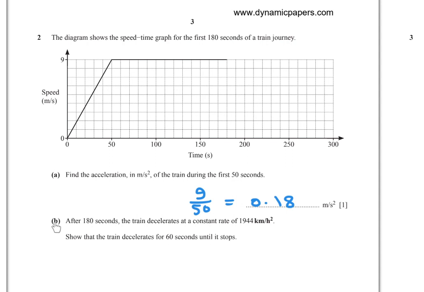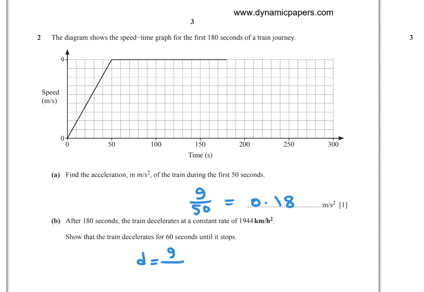After 180 seconds, the train decelerates at a constant rate of 1944 kilometers per hour squared. Show that the train decelerates for 60 seconds until it stops. Deceleration equals rise over run. Rise 9, run, we need to find the run.